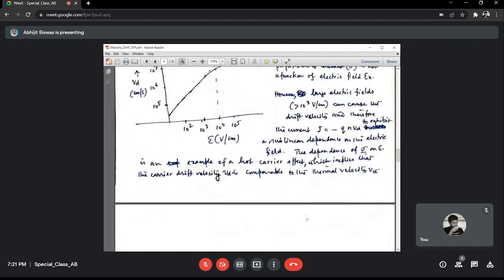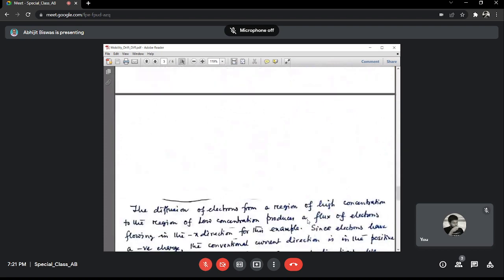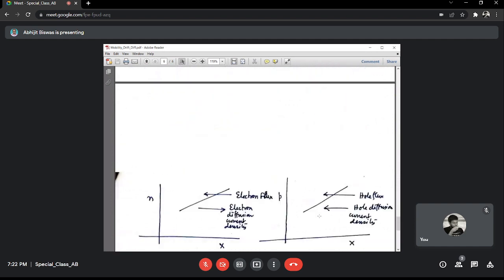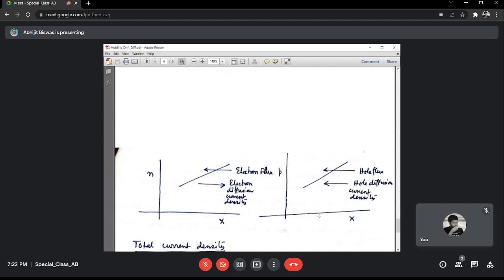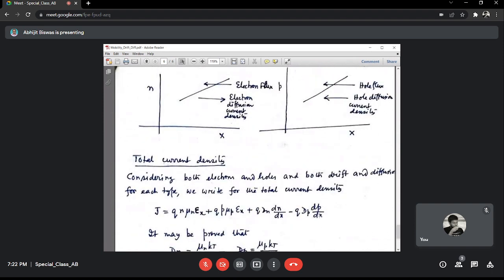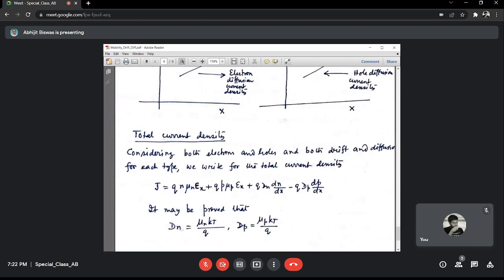Okay, so this is all about mobility, and as I told you, there are two mechanisms of current flow. One is drift and another is diffusion. So here you see inside a semiconductor, the current density has four components. First component is related to the drift of electrons, q n mu n into Ex.